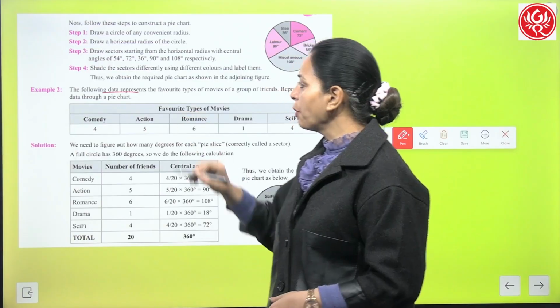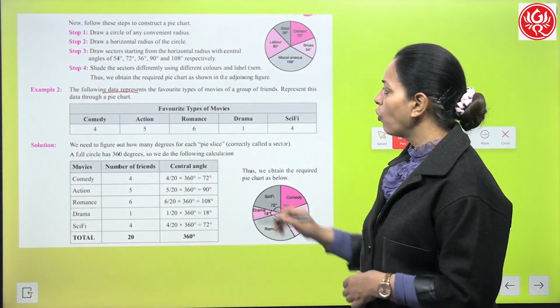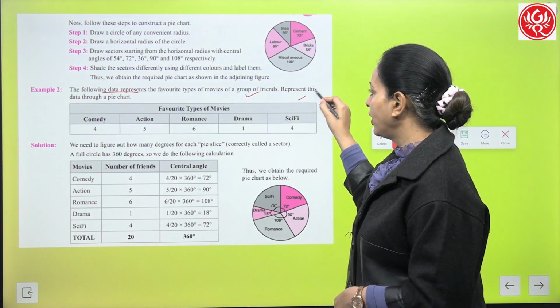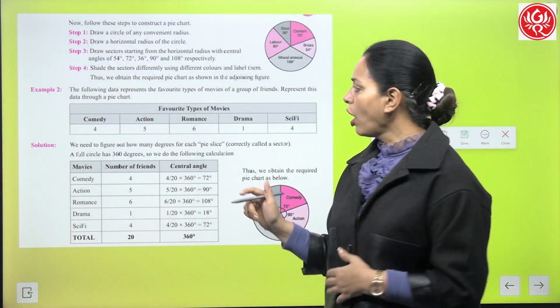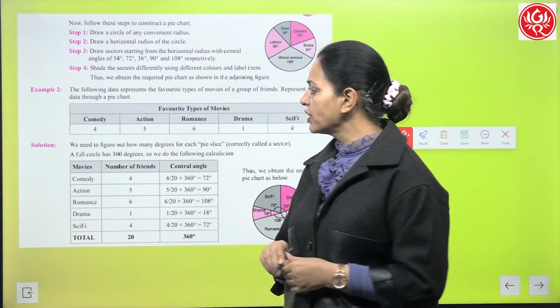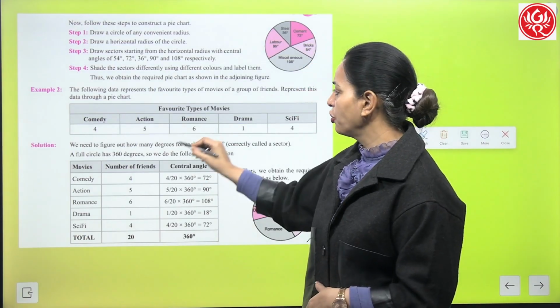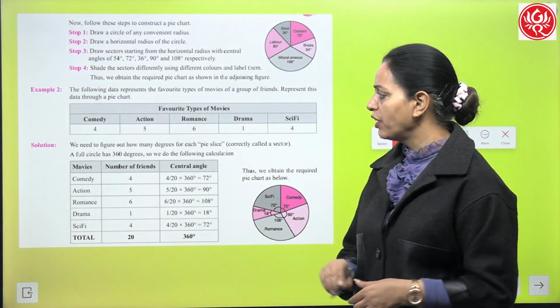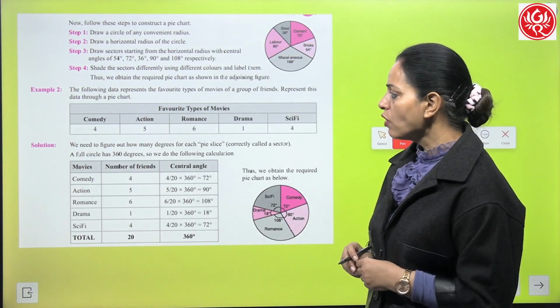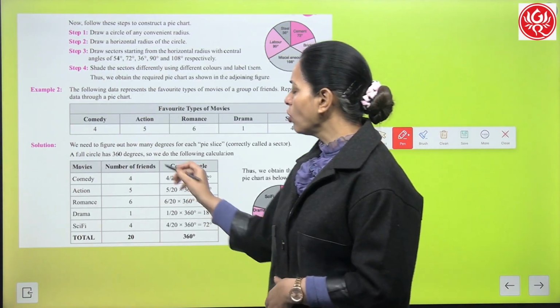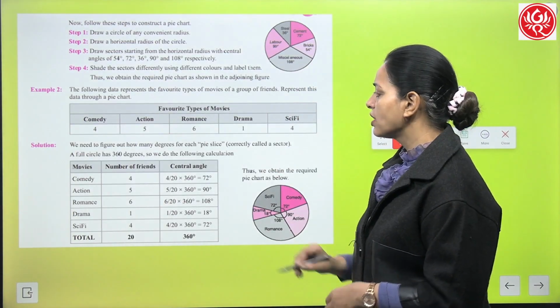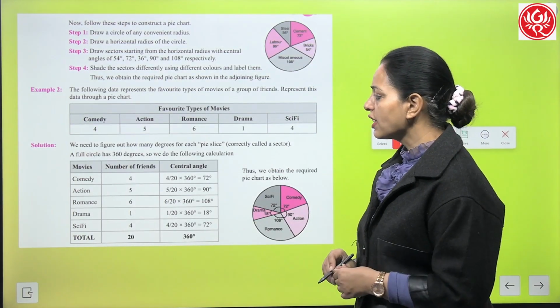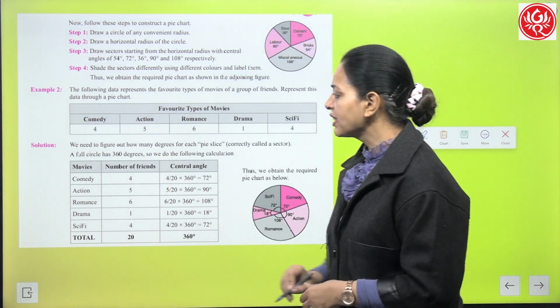The following data represents the favorite type of movies of a group of friends. Represent this data through a pie chart. So here favorite types of movies are given: comedy, action, romance, drama, science fiction. Now solution, we need to figure out how many degrees for each pie slice, correctly called a sector. A full circle has 360 degrees.